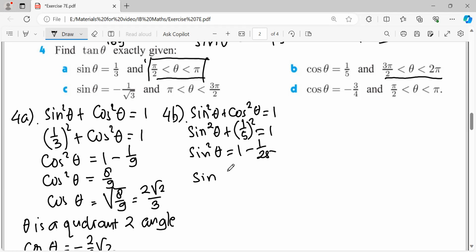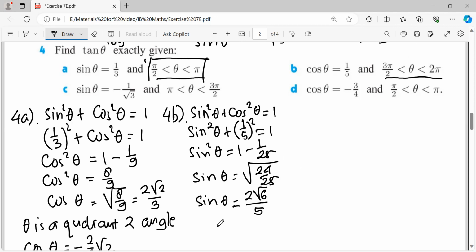So sine theta equals square root of 24 over 25. Square root 24 is 4 times 6, so it means 2 square root 6 over 5.